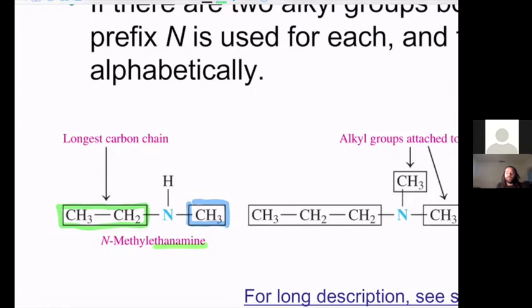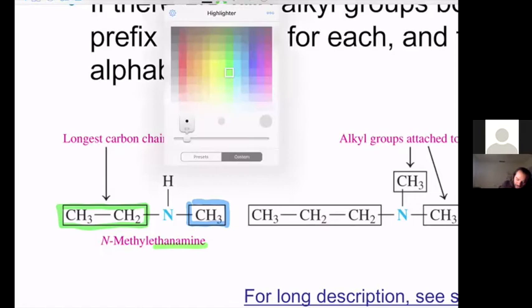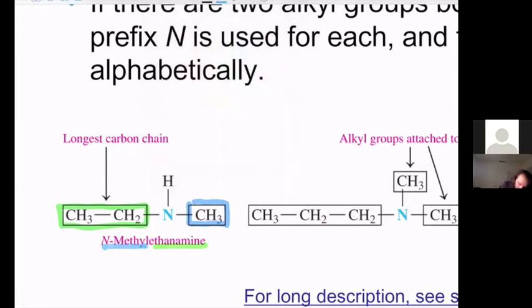And that's how you know that it's bound to the nitrogen. So N-methyl ethanamine. Again, this N-methyl corresponds to the methyl group bound to that nitrogen. Much like we identify substituents by the number carbon they're bound to, since it's bound to a nitrogen, we put an N.